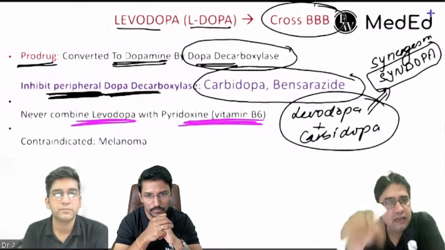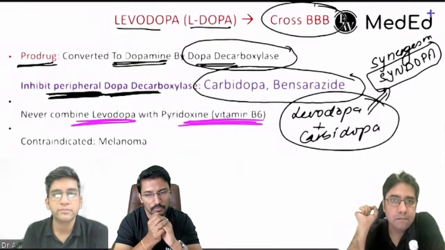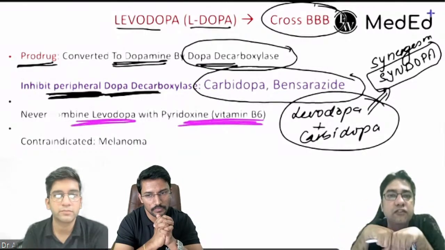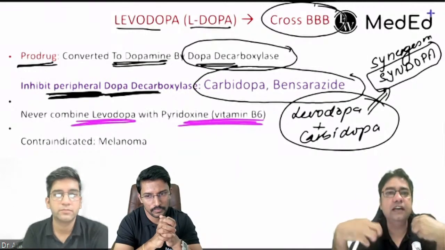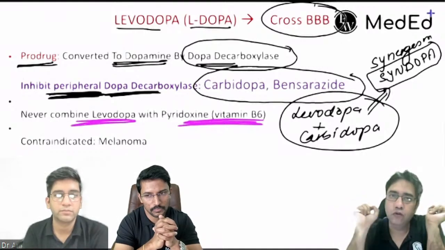Carbidopa inhibits peripheral conversion by inhibiting peripheral dopa decarboxylase. But vitamin B6 increases peripheral conversion of levodopa into dopamine. That is why it increases the side effects of levodopa outside the brain. Never combine vitamin B6 pyridoxine with levodopa.